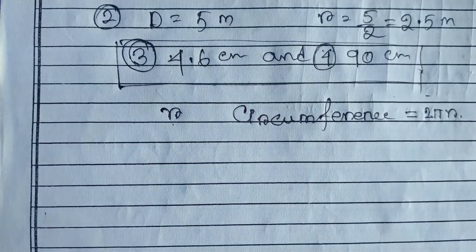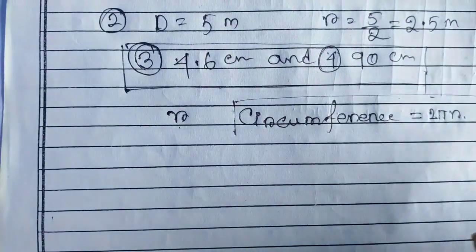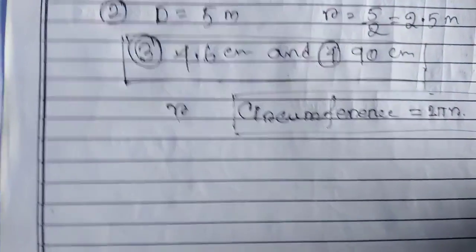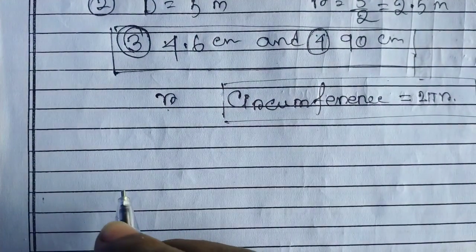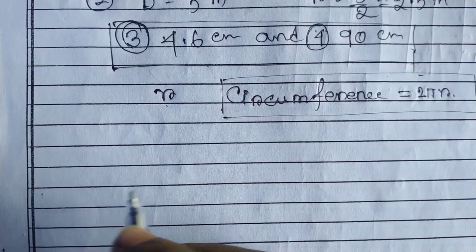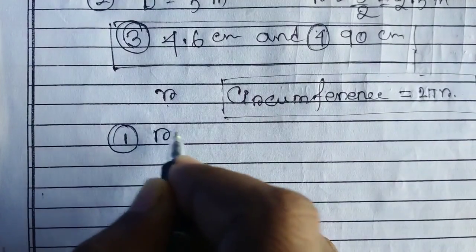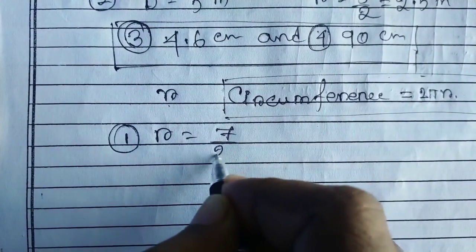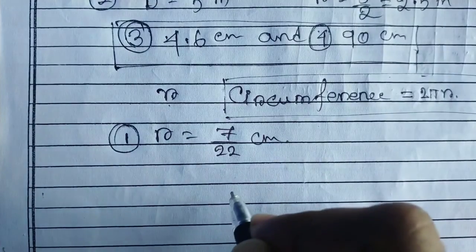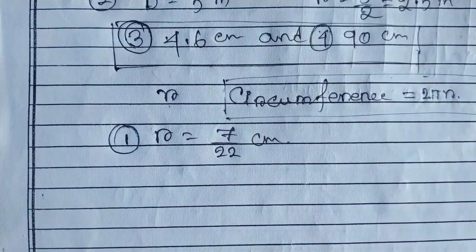Understood everyone? So just use this formula for finding circumference. So now try to solve some problems. If the radius is 7 by 22 centimeter, try to find the circumference.